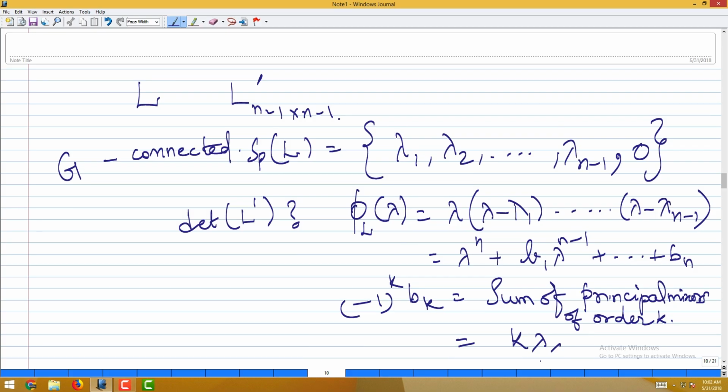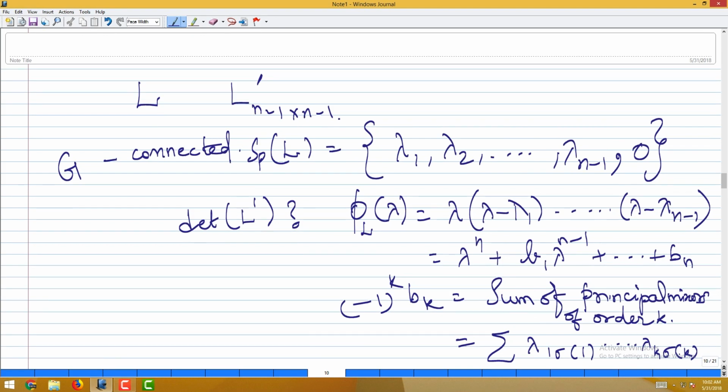So, all possible combinations is what you do. I can write this principal minor as a sum over indices, lambda sigma 1 up to lambda sigma k, but we have a bigger expansion for this.